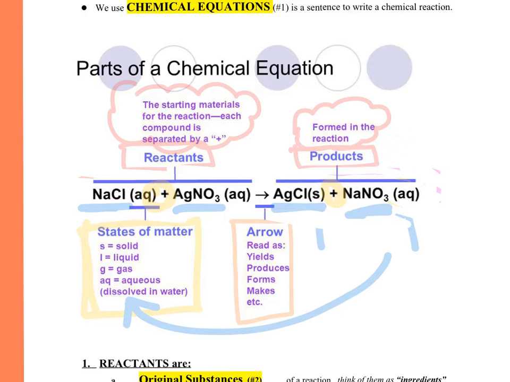Okay? So again, the reactants are on the left-hand side of the arrow, and the products are on the right-hand side. The states of matter will always be in parentheses. And there are 4 different states of matter: solid, liquid, gas, and aqueous.